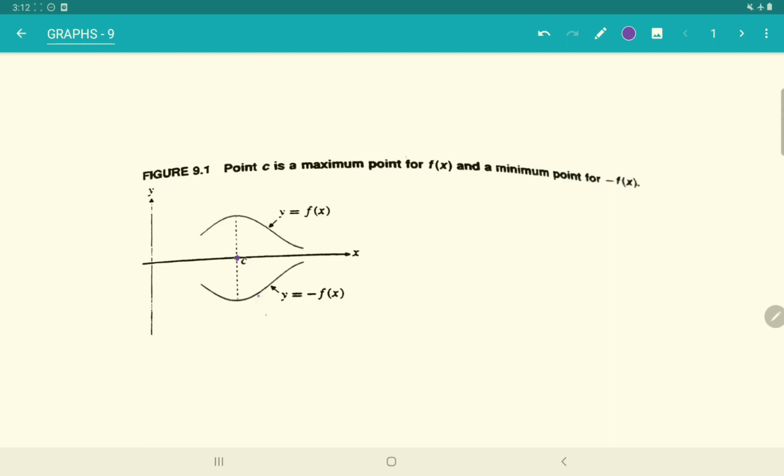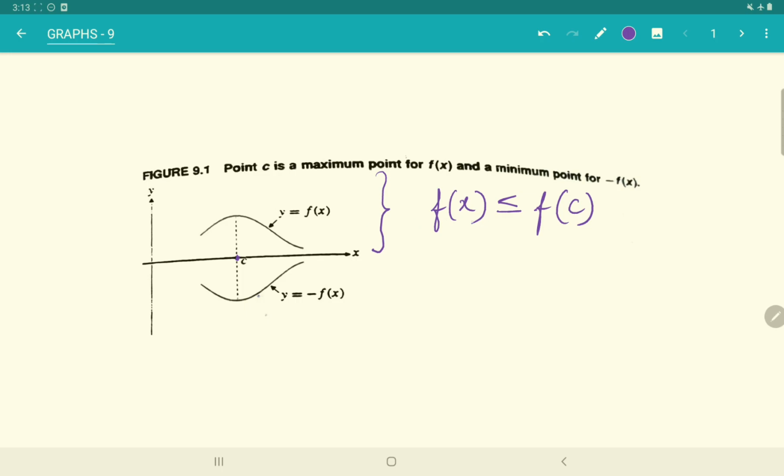If I take a look at the upper portion, I see that f of x is less than or equal to f of c for all x belonging to the domain.